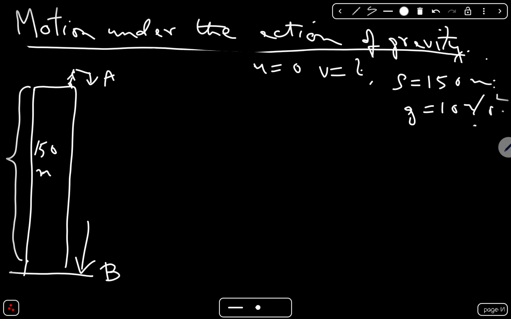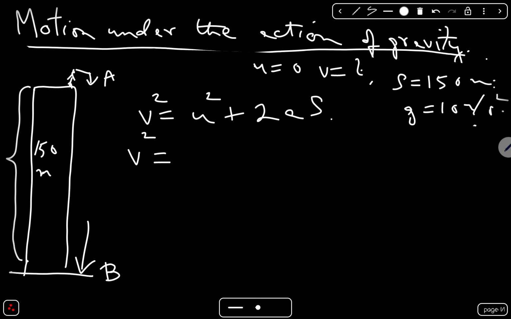Now let us start this question. The first part they have asked us is to find the time taken to reach the bottom, and second, the velocity with which it strikes the ground. Let us first find the velocity with which it strikes the ground. For that we will use equation number 3, what we wrote down before. So v square is equal to u square plus 2as. Final velocity v is unknown.